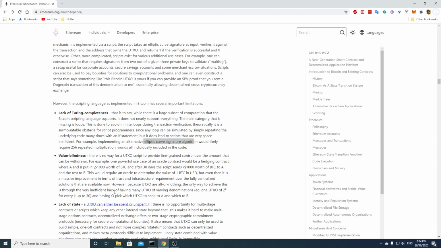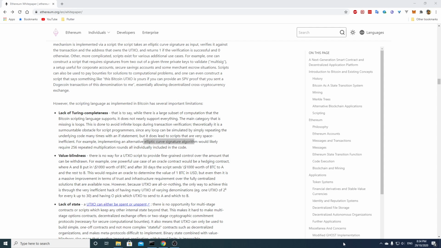The next point made here is value blindness. There is no way for a UTXO script to provide fine-grained control over the amount that can be withdrawn.